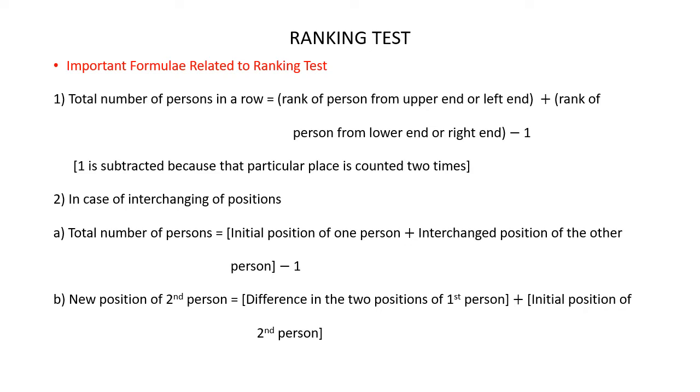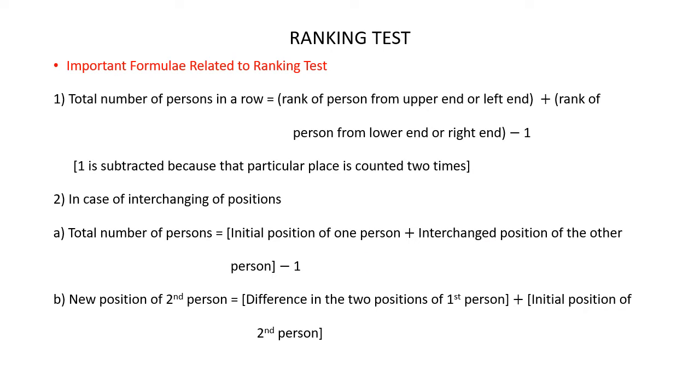Now, in a few problems in ranking test, there is an interchanging of positions. In such cases, use these two formulae to solve the questions. Total number of persons is equal to initial position of one person plus interchange position of the other person minus 1.